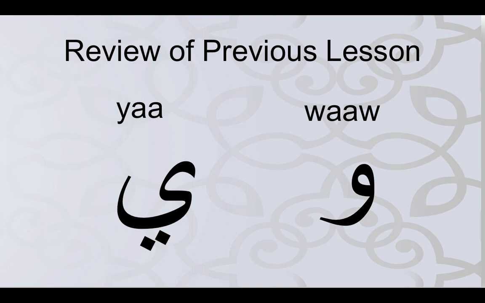And the next letter that we learned was the letter ya. It's pronounced from the oral cavity, and it is the third long vowel in the Arabic language. Its sound is the ee sound. That's the letter ya.